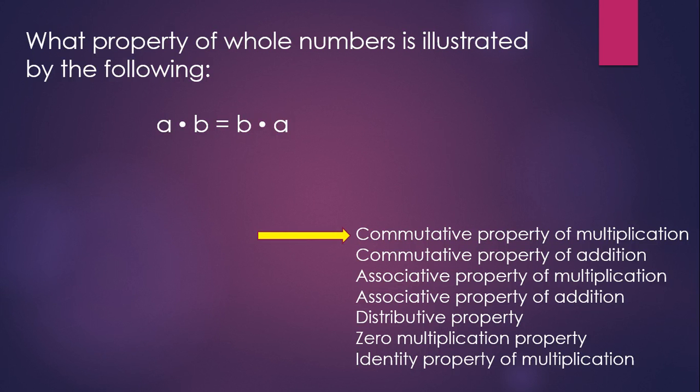This is an example of the commutative property of multiplication. What property of whole numbers is illustrated here? This is an example of the identity property of multiplication.